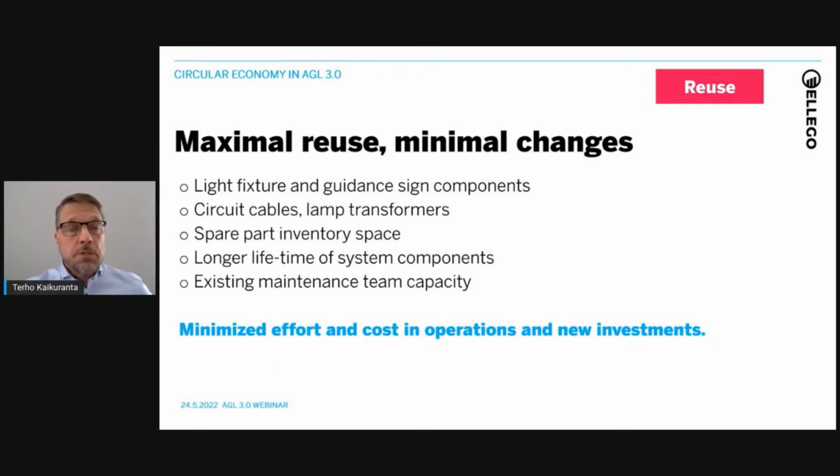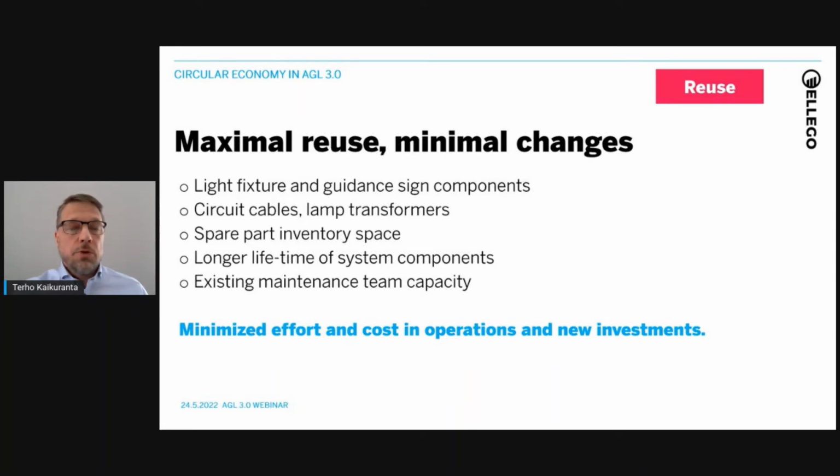You can use existing circuit cables, you can use existing lamp transformers, and because the spare part consumption drops down, maybe you can also reuse inventory space for something else. And longer lifetime of the system components is also some sort of reuse, so you can keep on using the existing stuff longer.